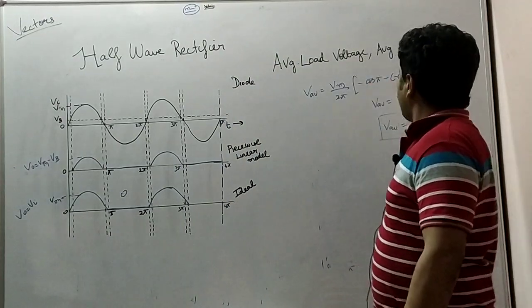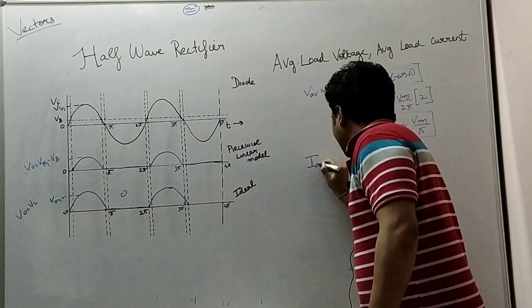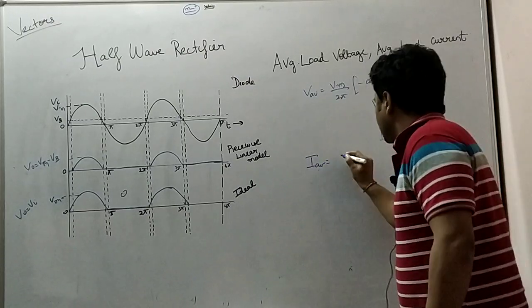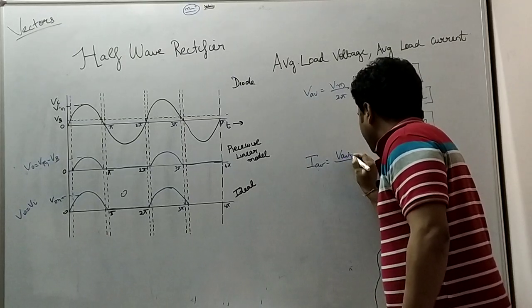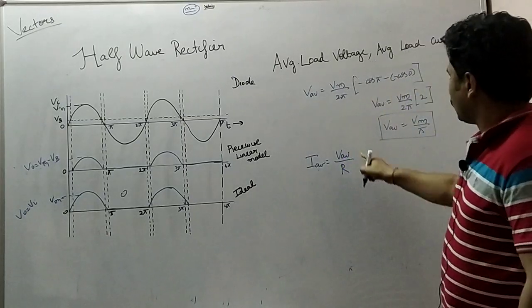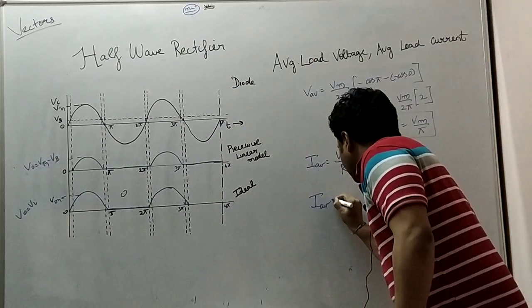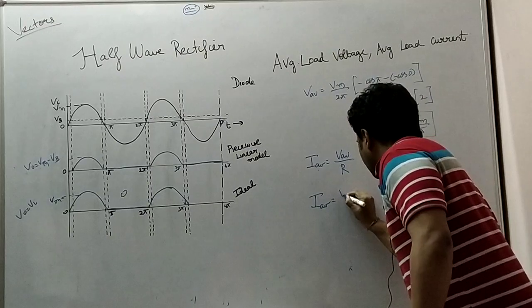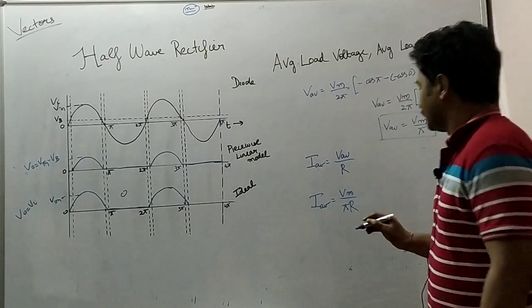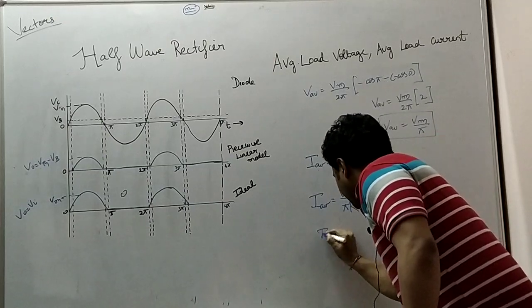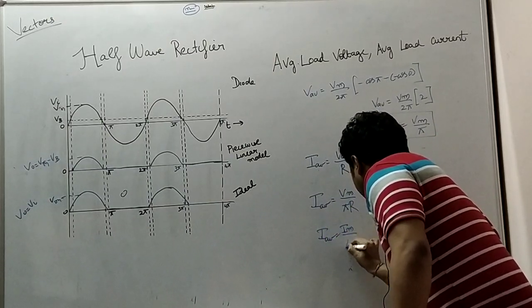Next, we have to find average load current. Average load current, I average equal to V average by R. What is the expression for V average we have found? I average equal to Vm by pi R. So Vm by R will give you Im divided by pi.